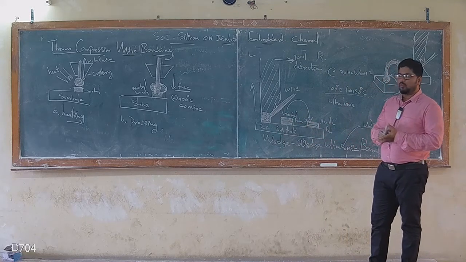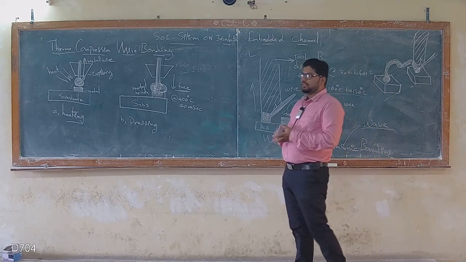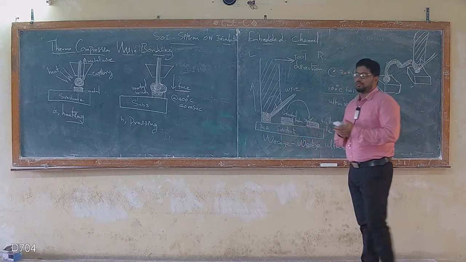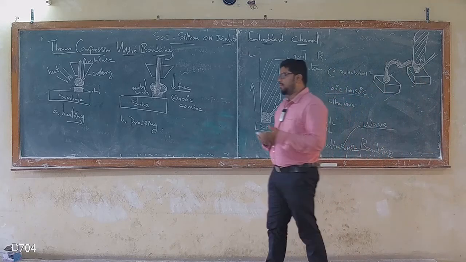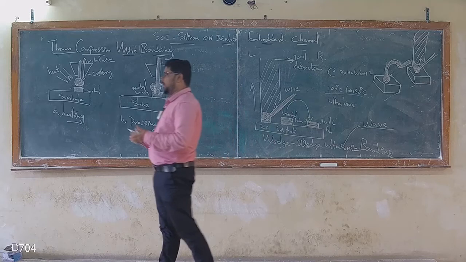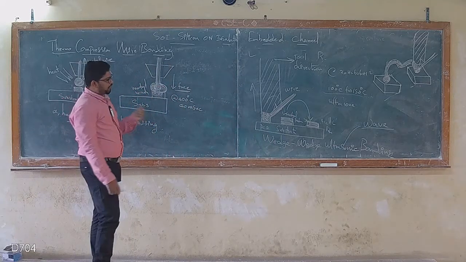The next one we came across was low temperature surface bonding. In there we bond two different metals, palladium and indium, with the help of a low temperature surface bonding with a hydrogen implantation technique, right?